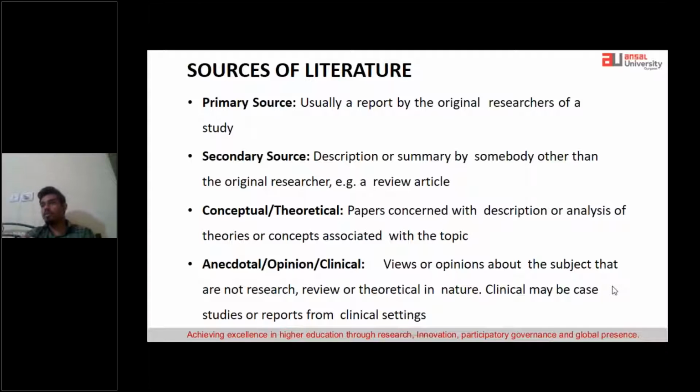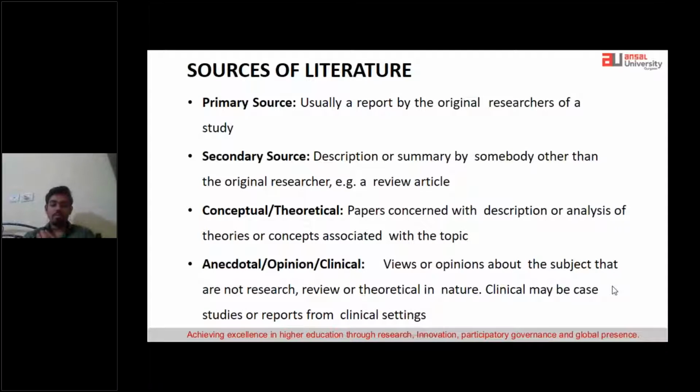For example, somebody who is very senior and has a lot of experience, let's say somebody who has been doing OCT for the last 15 years. They may never have published anything, but the experience they carry will give you a lot of information. So their clinical observations, or those of people who are in the clinic and have seen a lot of patients, their own experience can also serve as your literature, a source of information which can be utilized in the literature review.